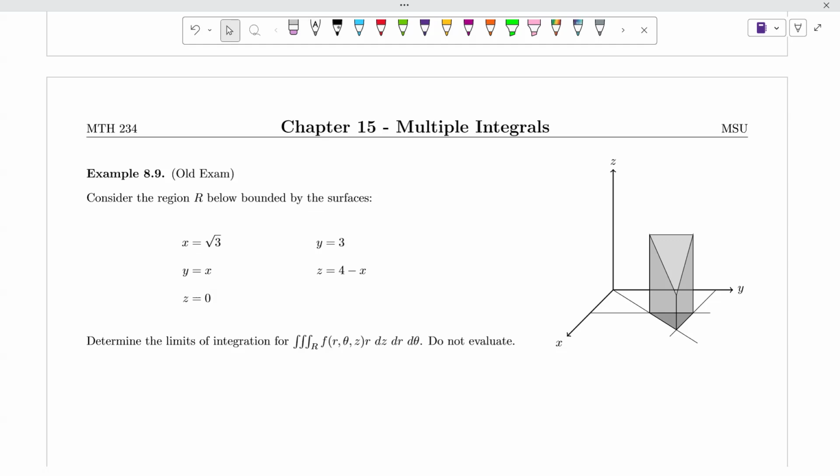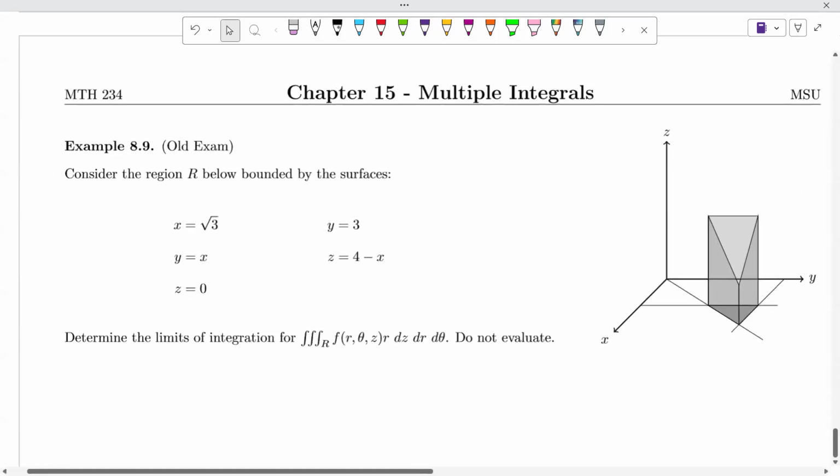So here's this triangular region, very polyhedral. It's not quite a tetrahedron, but I digress. Take this shape, given the equations over there, which look very nice in the rectangular system, and try to convert those bounds into cylindrical coordinates. Ready, go. All right, so let's see what we've got here.